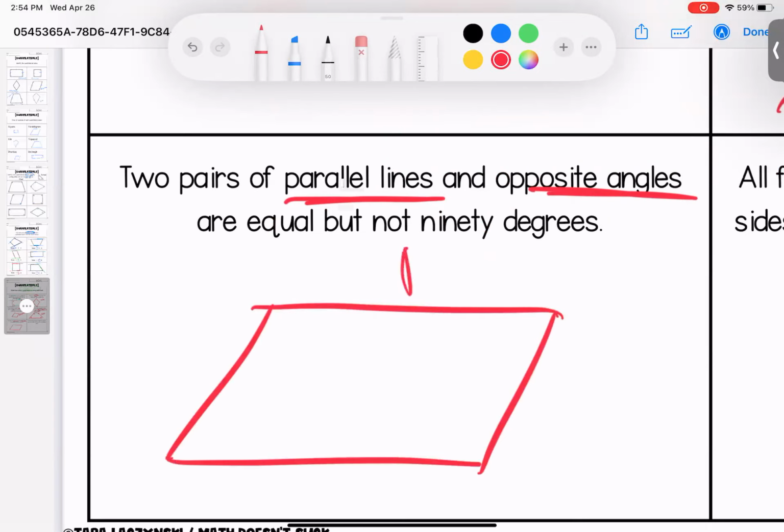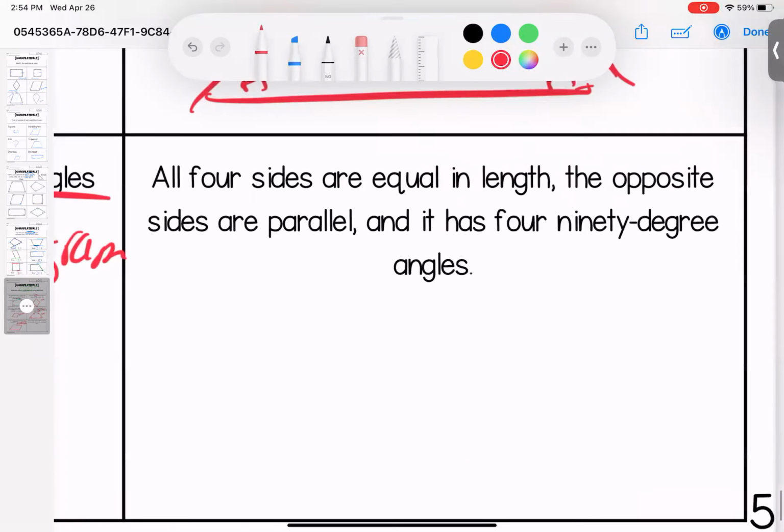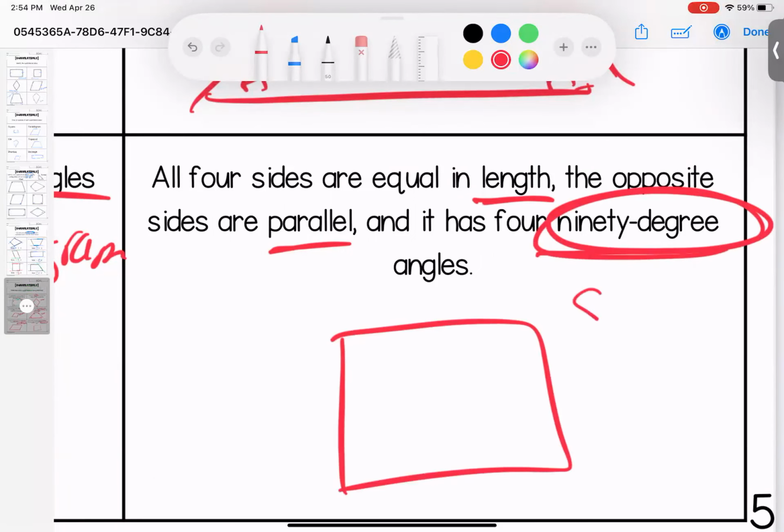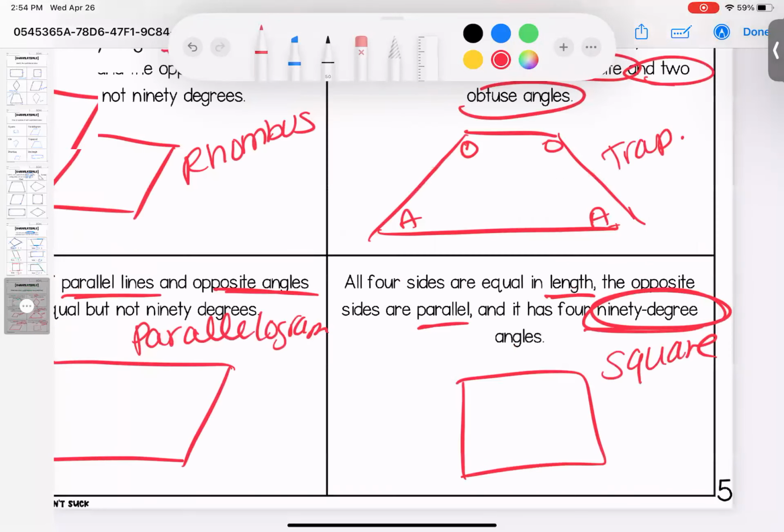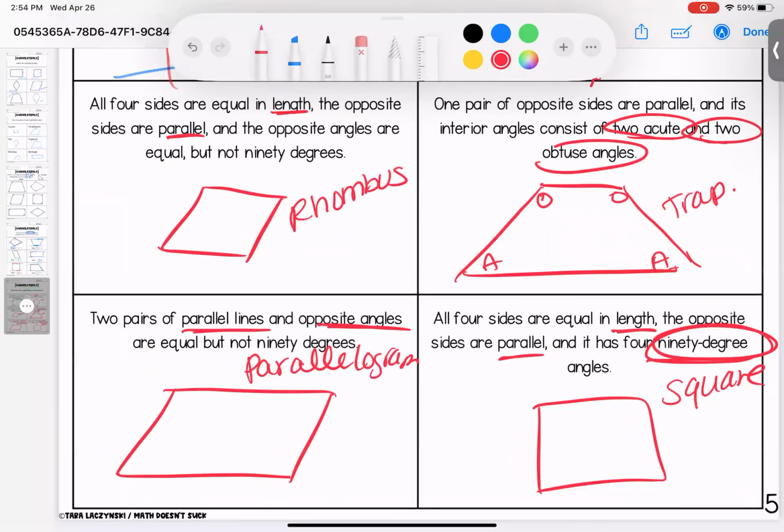This is going to be a parallelogram. And then our last one: all four sides are equal, opposite sides are parallel, four 90-degree angles. It's a square. Again, if you did not get this, that is okay. This was a really big stretch, but I wanted to try something difficult and see how you did with it. Any questions on these, love? Bring them with you to class.